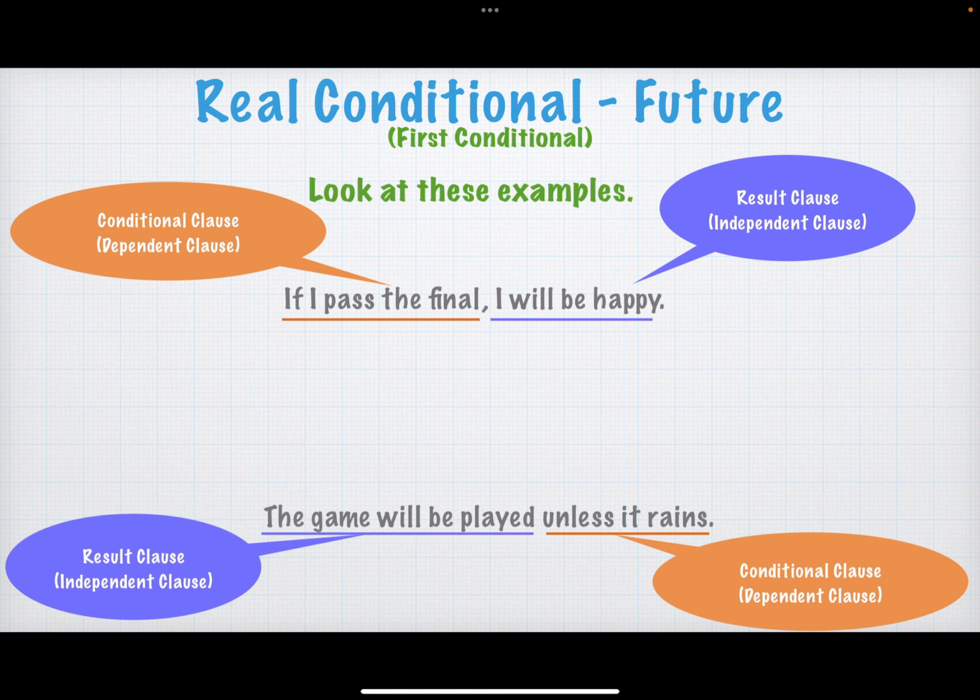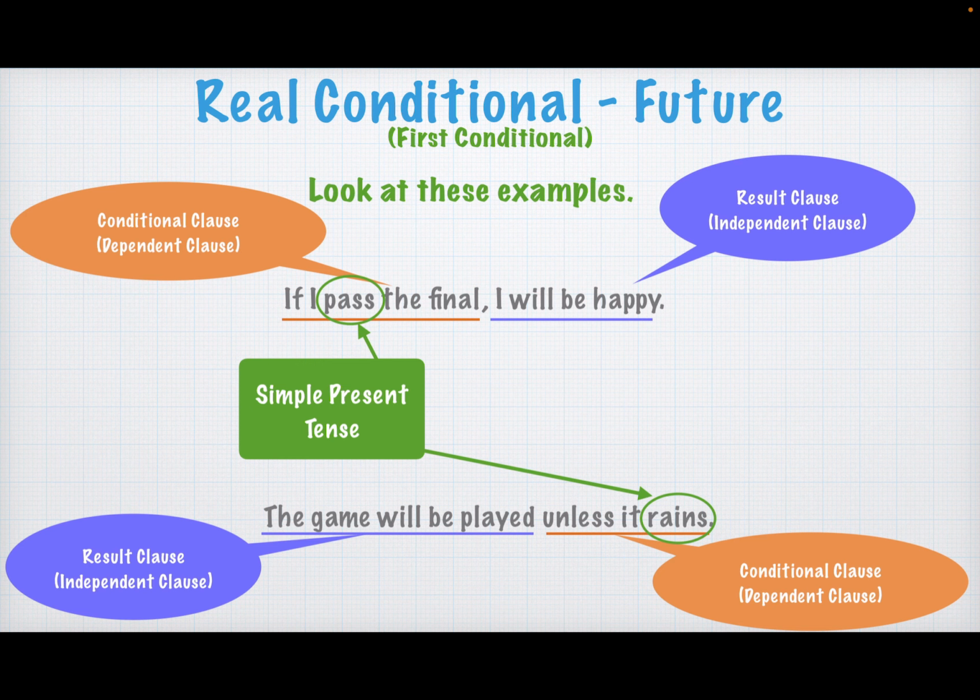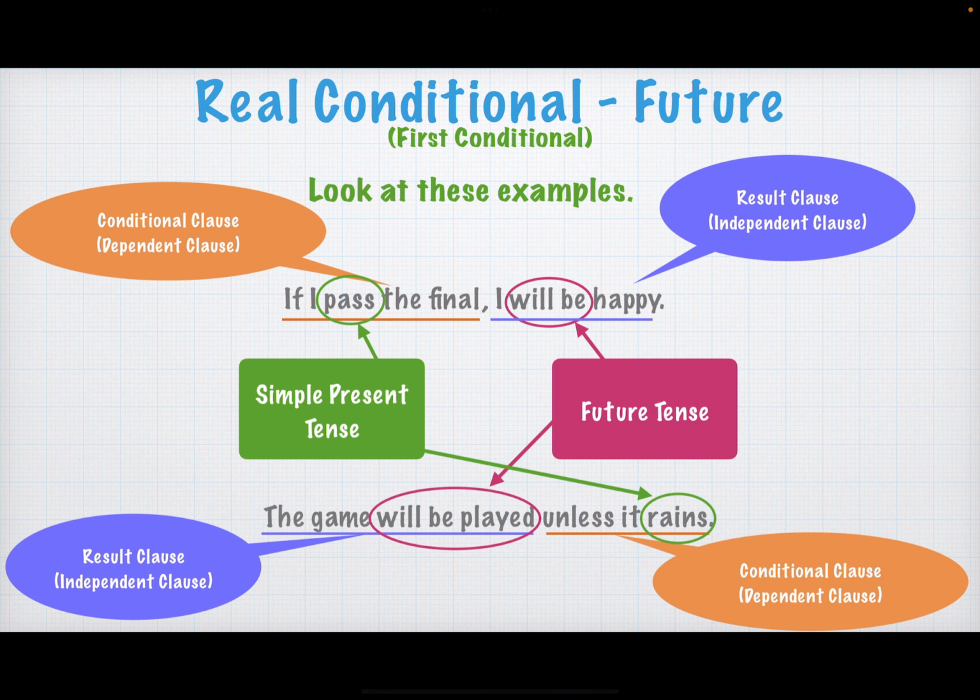And here is my result clause or my independent clause. Notice in the conditional clause, I have used simple present tense. So I'm making a guess about what's going to happen in the future, using simple present tense in both of my conditional clauses. In the result clause, I've used a form of the future tense to express that future possibility.